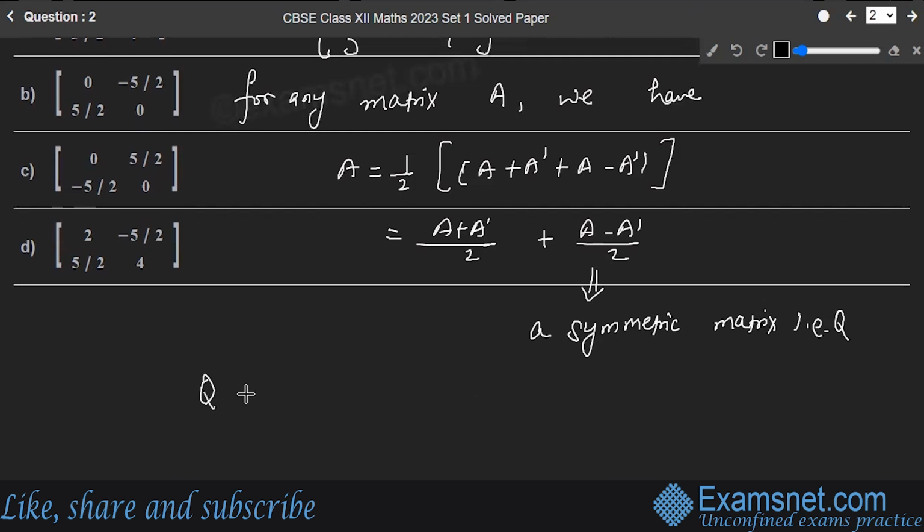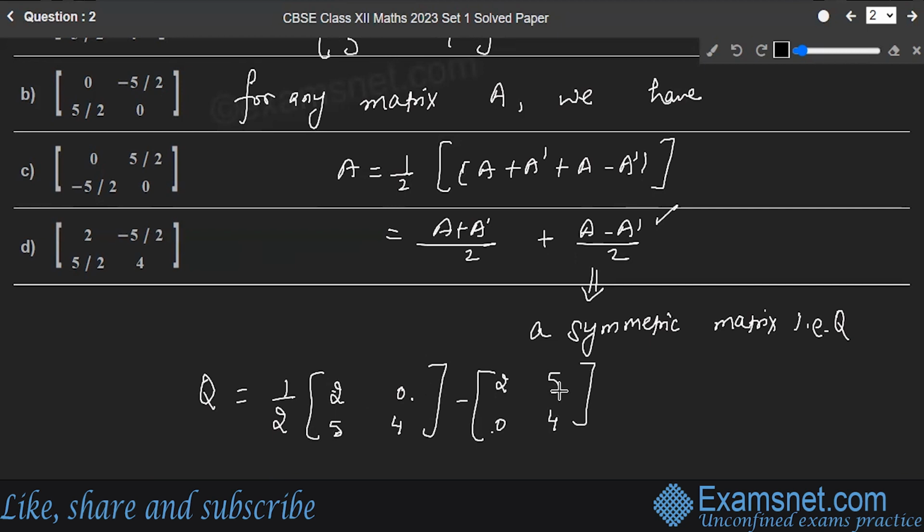So what do you have Q as? Q is equal to half into A, which is 2, 0, 5, 4, minus A's transpose, that is given by 2, 0. See, 2 will be here, 0 will be taken here, 5 will be taken here, and 4 will be taken here. Correct?